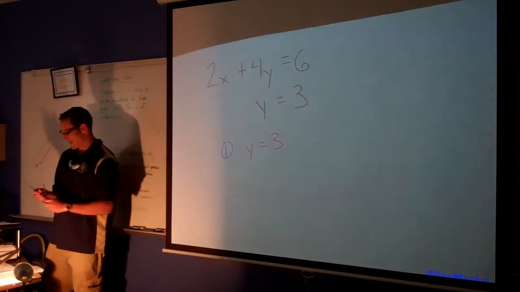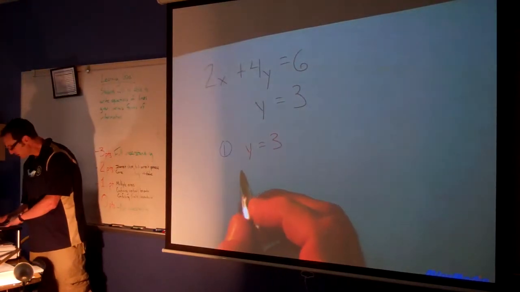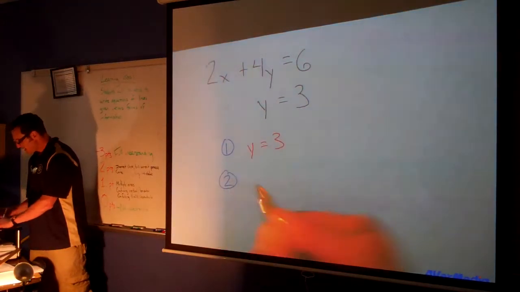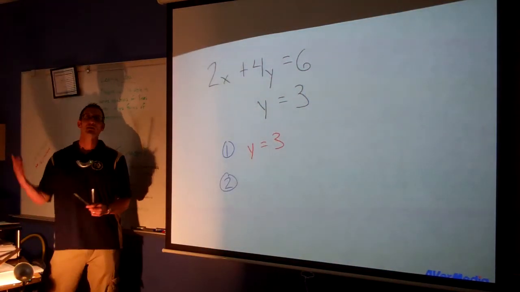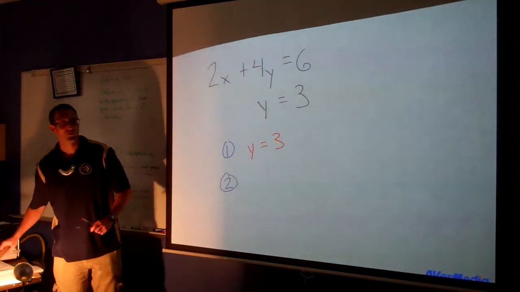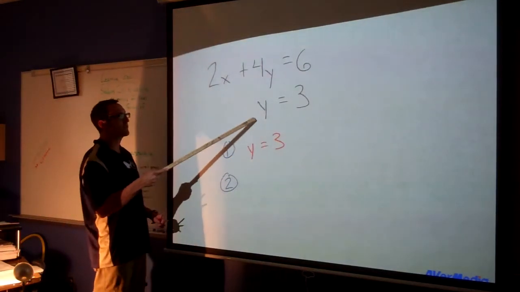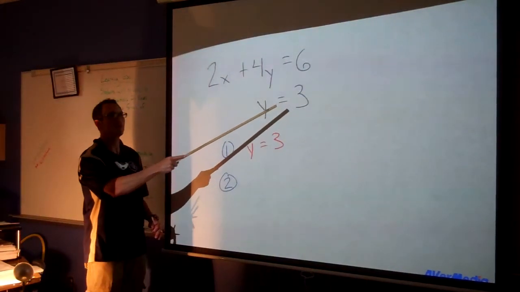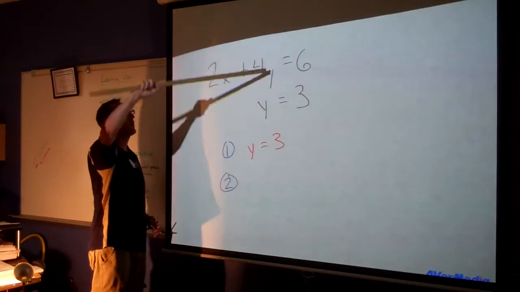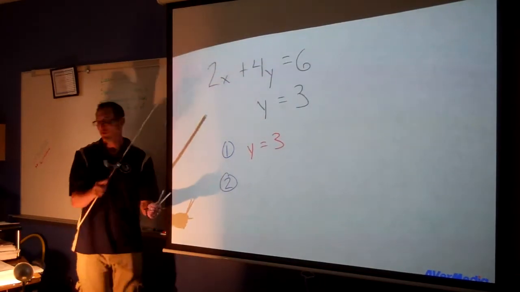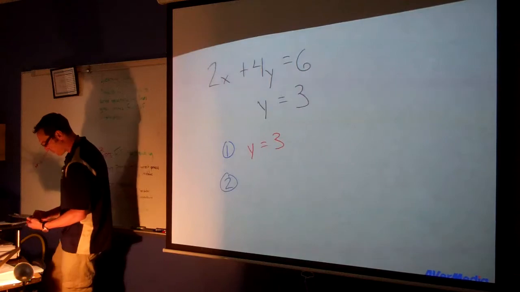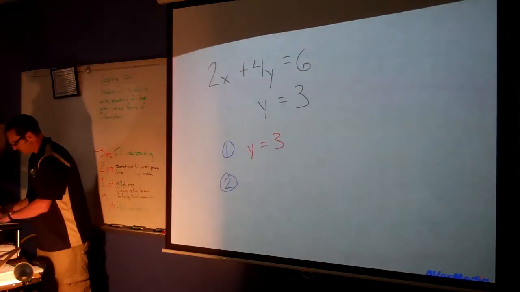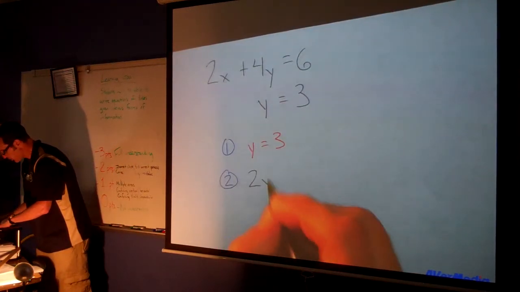The second step was to plug that value for that variable into the other equation. So we got the value of y equals 3 from this equation. What we're going to do is plug that value in for y in this equation. So we're using both equations. So we're going to work with the other equation now.